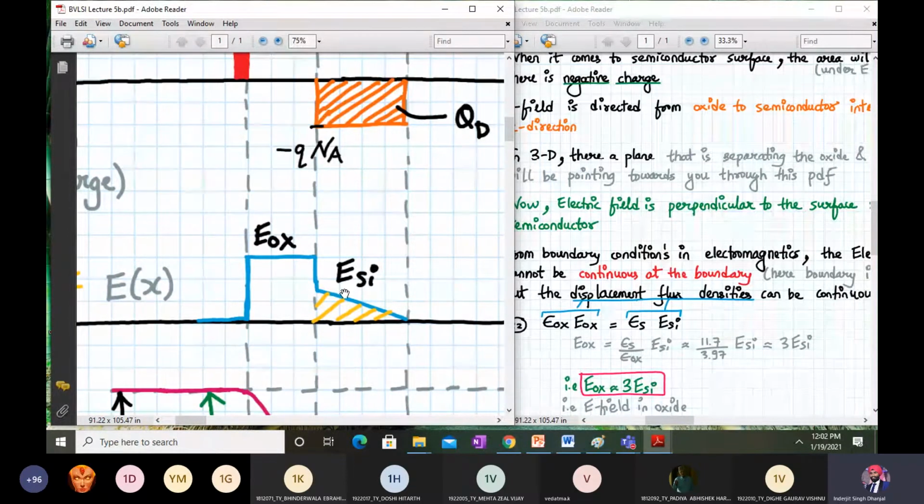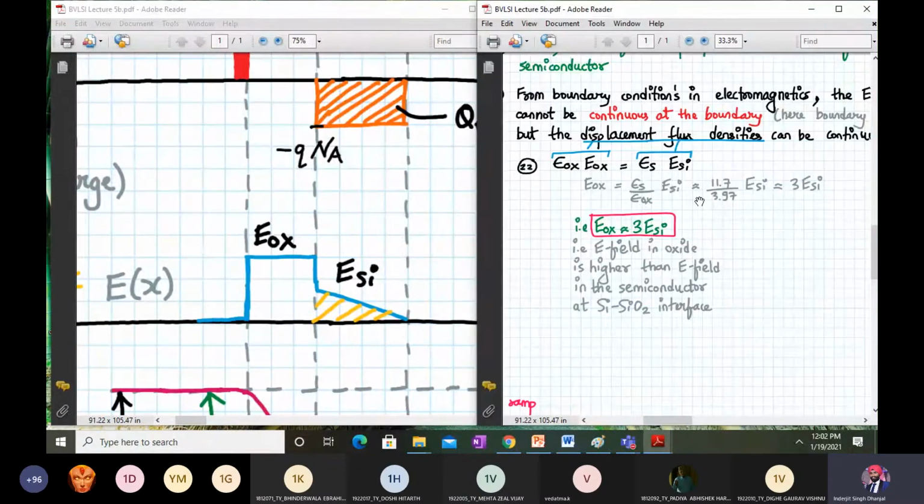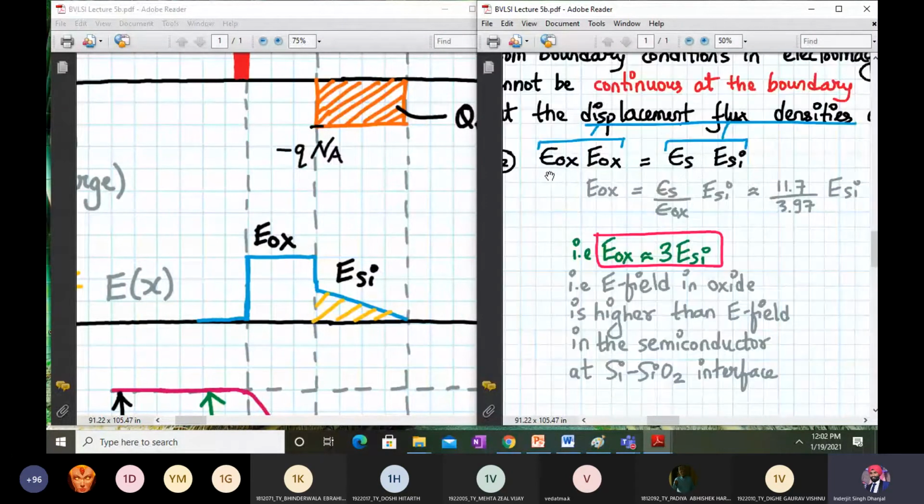What do we mean by displacement flux density in electromagnetics? It is nothing but the product of permittivity and electric field. So the permittivity of the oxide times the electric field in the oxide is equal to the permittivity of silicon times the electric field in silicon.